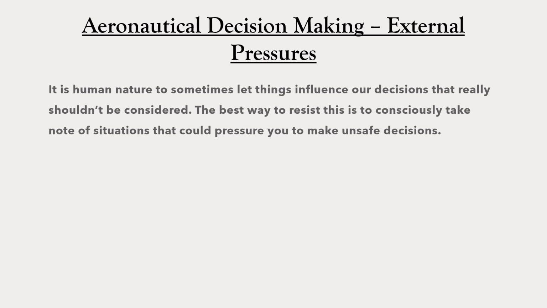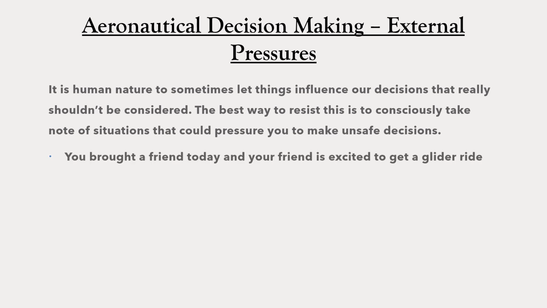And the way to compensate for that is to avoid having them subconsciously influence our decisions by being conscious about it and taking note of the fact that some things are going on that could influence your decisions, and you want to be conscious about making sure that they don't.